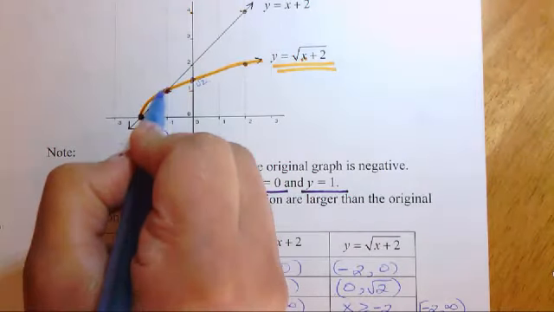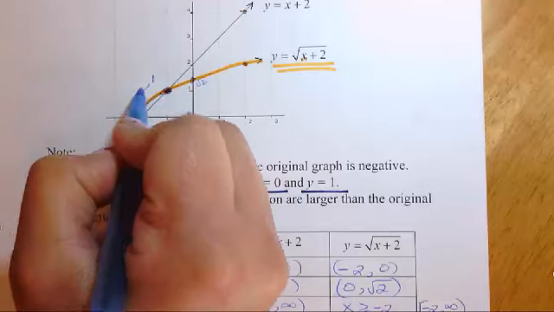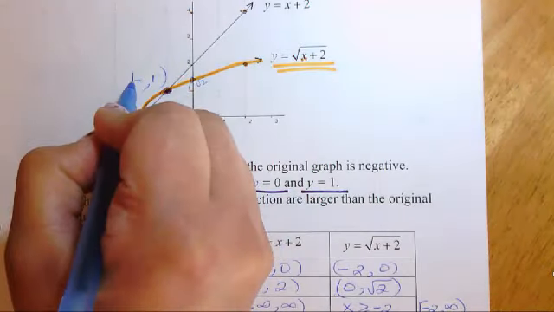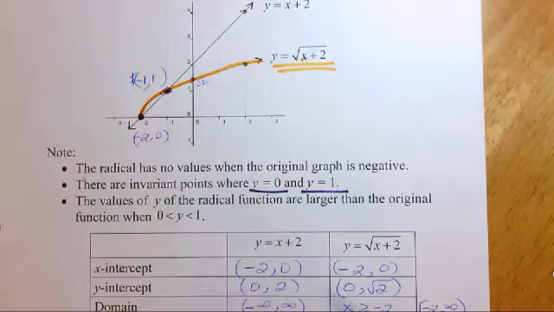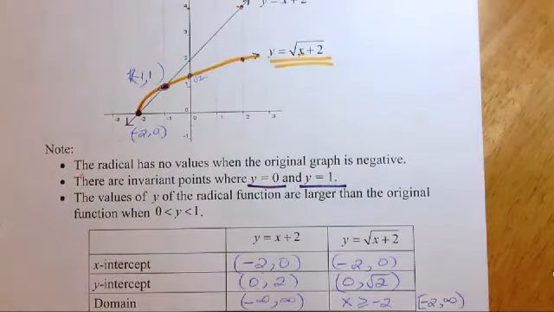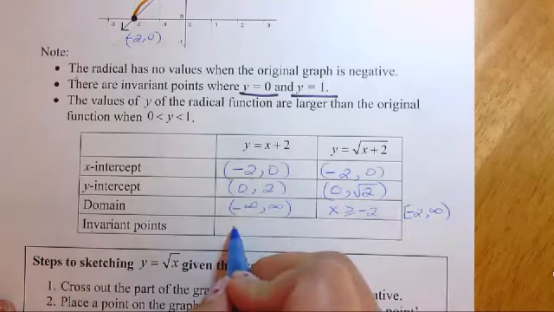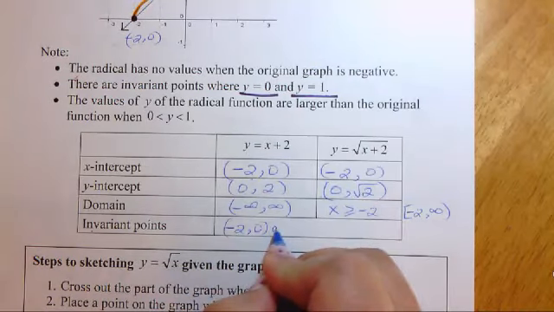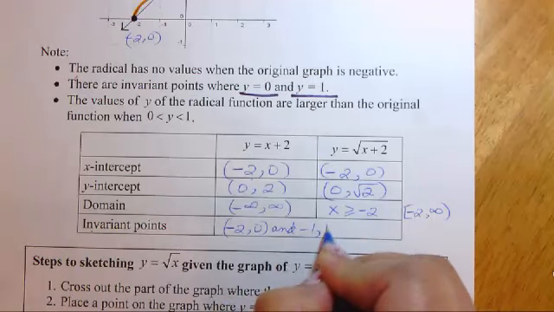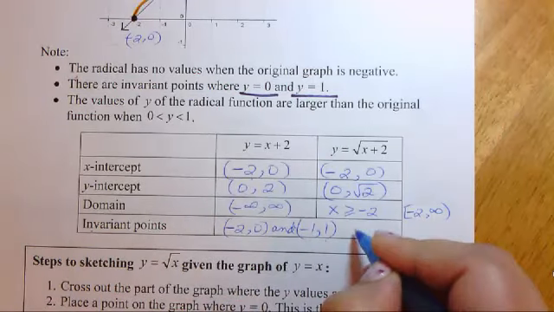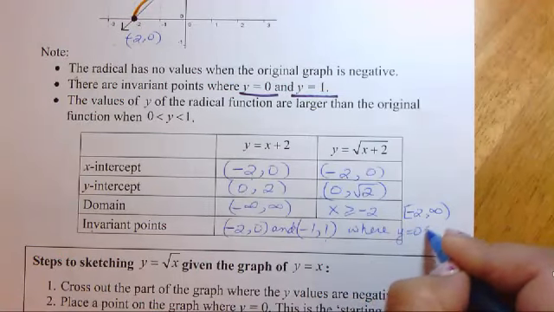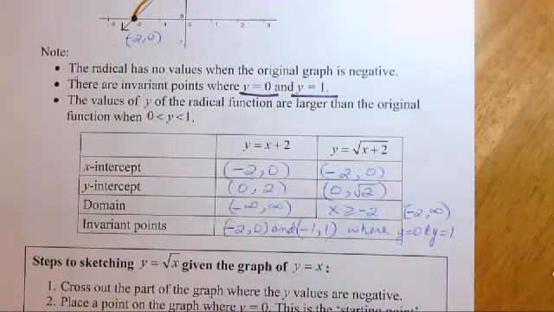My other invariant point is right here, when y equals 1. What's my x value? My x value is -1. So then I can write my answer down here: this is where y equals 0 and y is equal to 1.